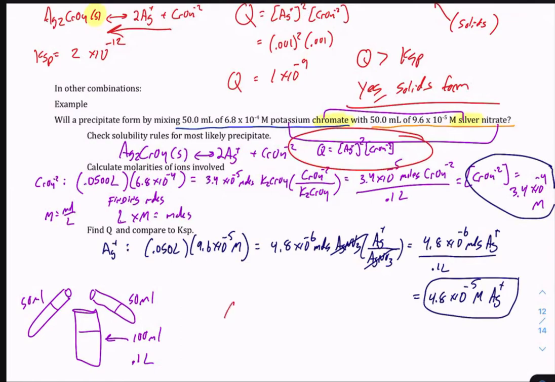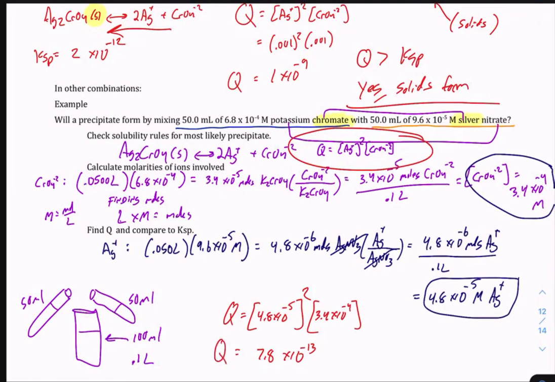Okay, so to finish the question, Q will be the concentration of silver, which will be squared, times the concentration of chromate, so let's see what we get. 7.8 times 10 to the negative 13.